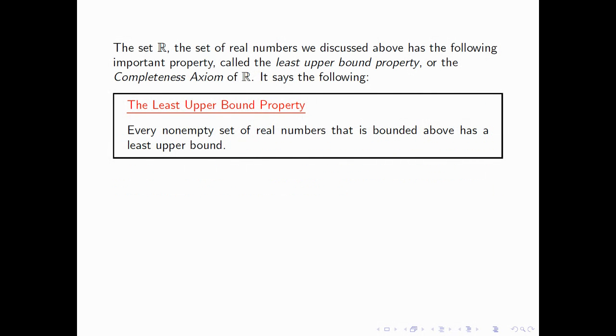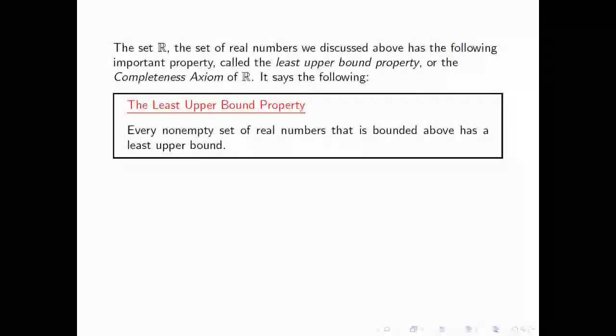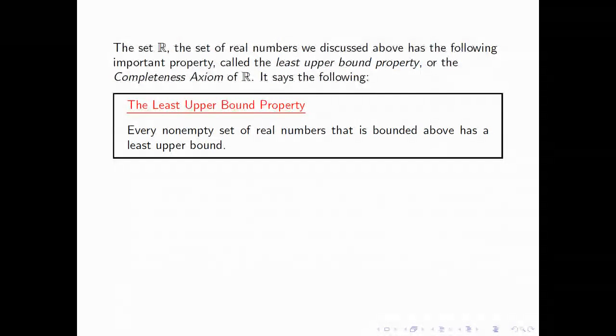Okay? Before we prove the theorem, we have this property of the real numbers called the least upper bound property. Earlier I asked, how do we know that a subset of the real line has a least upper bound? Well, here is the condition. This is called the completeness axiom of the real line, or the least upper bound property, and it says every non-empty set of real numbers that is bounded above has a least upper bound.